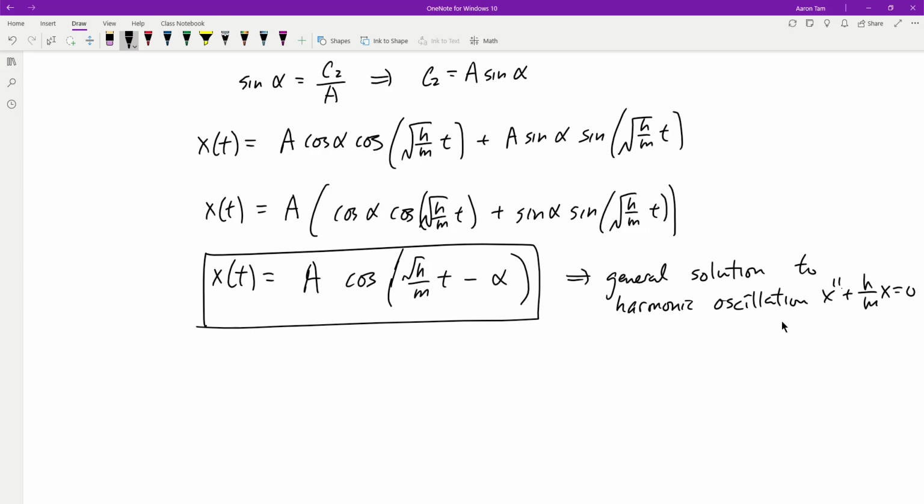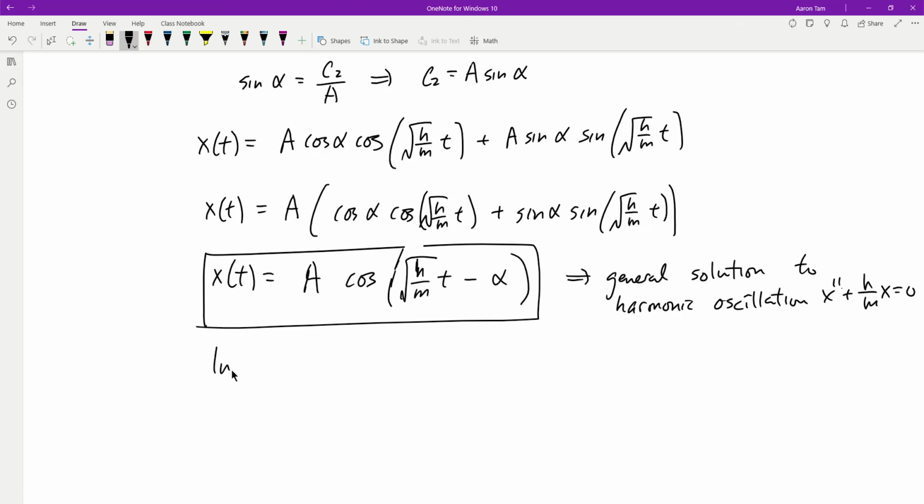So now you can simply use this formula to write out the solution to this harmonic oscillation and just find A and alpha, because h and m are given to you.